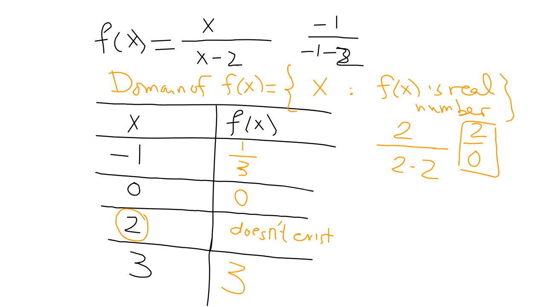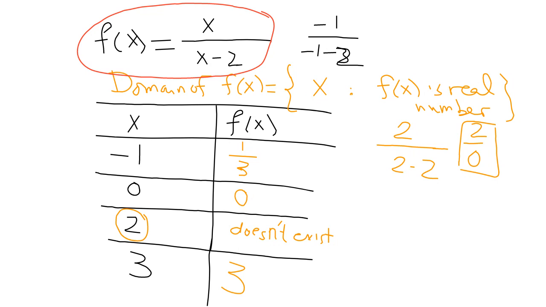I have a question also about this function. What is the domain of this function? Which of the values out of the real numbers should I exclude from the domain?